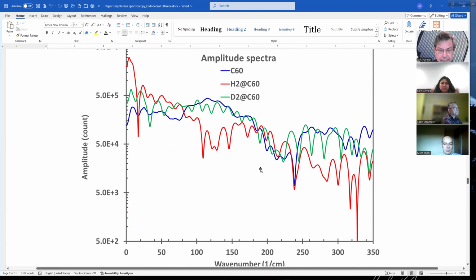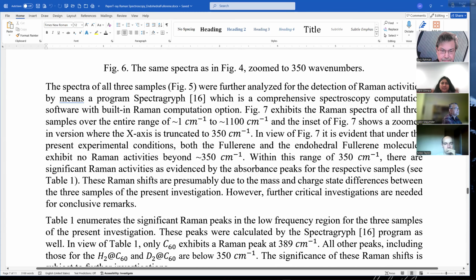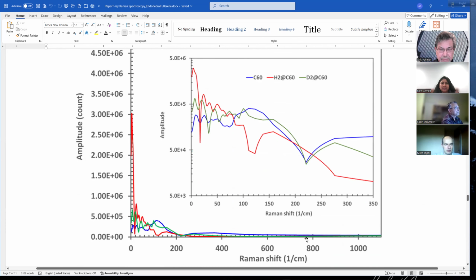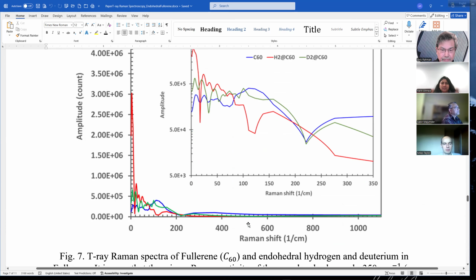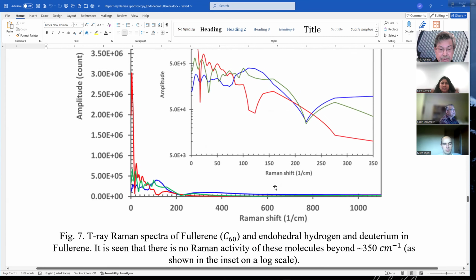So now we are ready to calculate the Raman shift. This is the calculation of the entire spectrum for Raman shift. The Raman shift formula is available, so I did not put it here. It shows that beyond about 350 wave number, there's no more Raman activity going on.